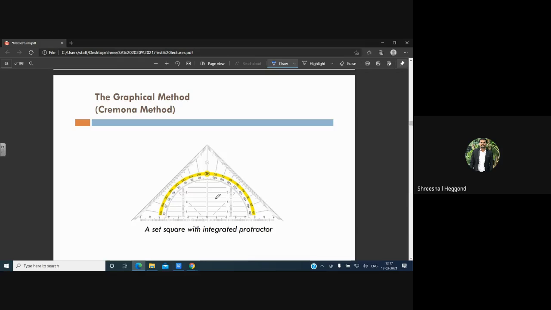Some previous scales were only for measuring angles, and distance was not given. Nowadays, protractors have both scale and angles.